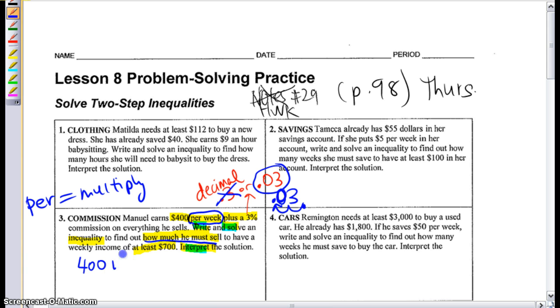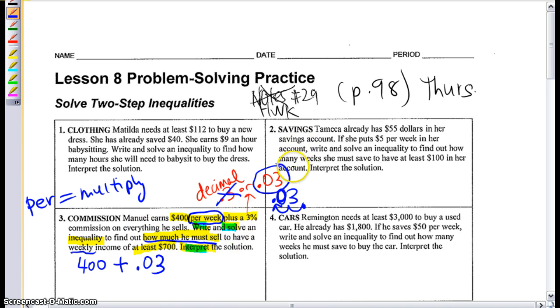So I'm not looking for the number of weeks in this question. I just know that for the week, that's how much he sells. So because I'm looking for the weekly income, I want to just take 400 as the number, because that's what he's going to make for that week. Plus, he's going to make a 3% commission, so 0.03, on everything he sells.